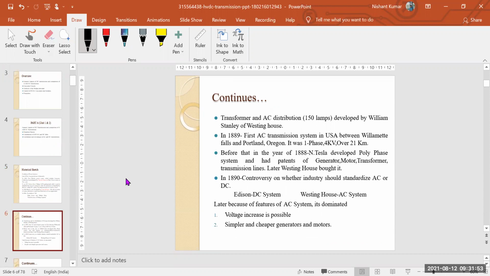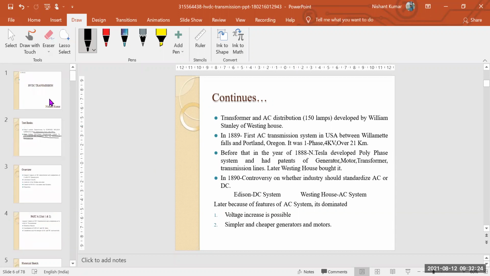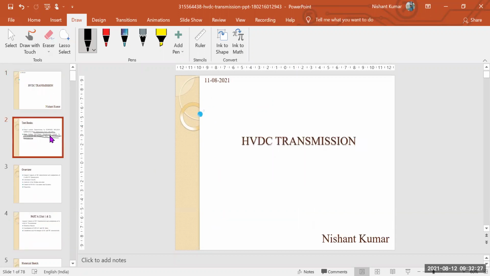You need not go deeper than that. You will have another subject related to this, so we'll see in that module. HVDC is over. There is a small renewable part, which is also over, and what is left is FACTS. We'll have another day for the FACTS segment.